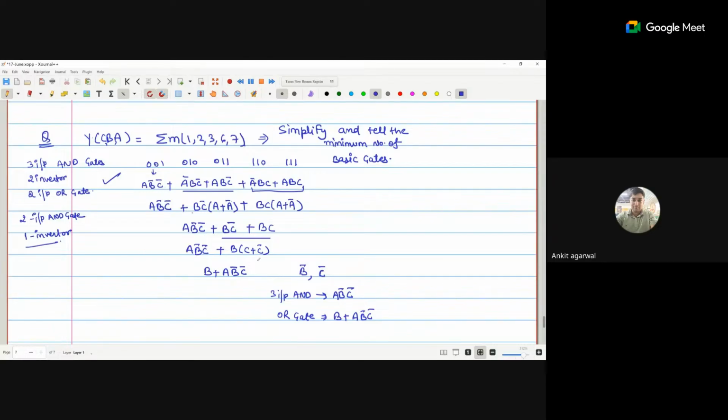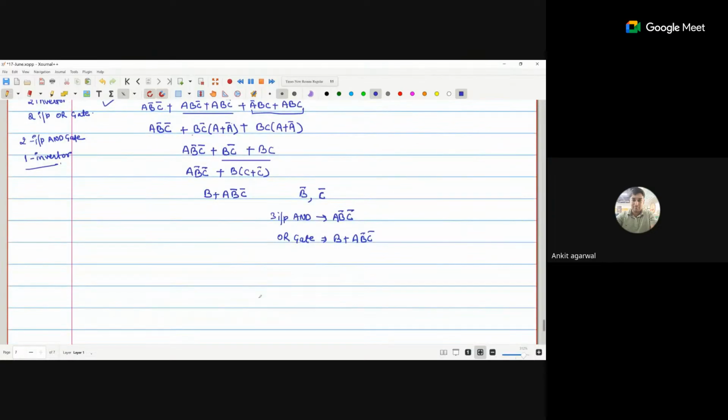Now I can solve this term further. How can I do that? With the use of the distribution property. We already discussed this distribution property in the previous class: if A plus BC is given, I can convert this to A plus B multiplied with A plus C.